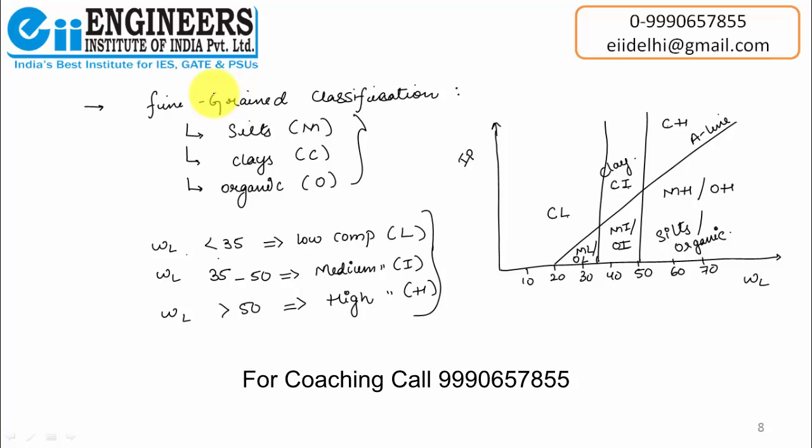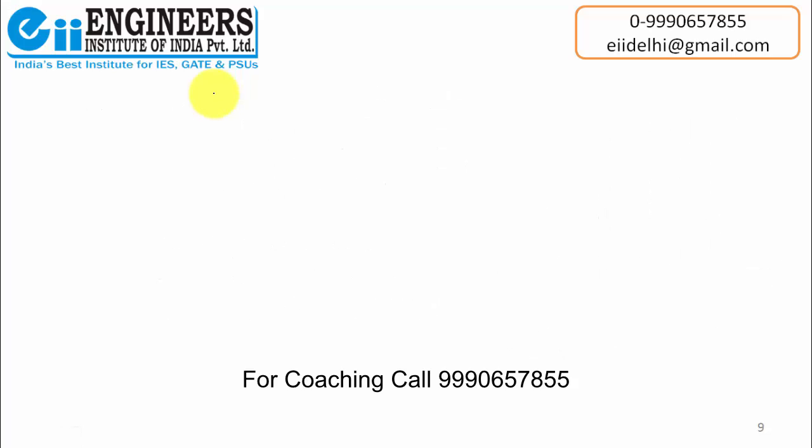Well, this is the Indian classification system. Here also the equation of A line is given by 0.73 (WL minus 20). Well, this was the classification system.